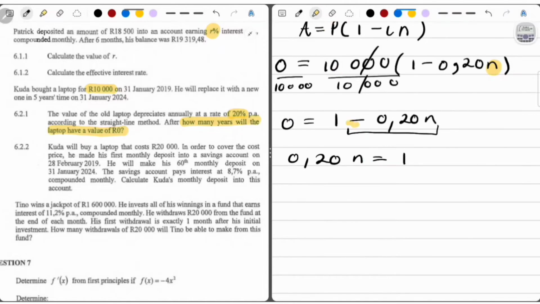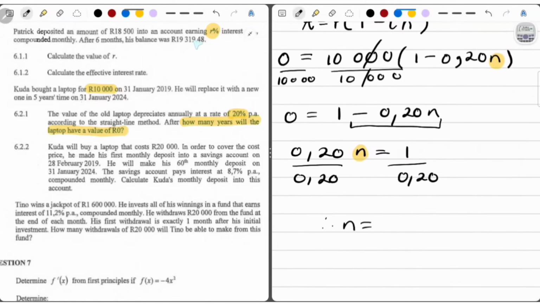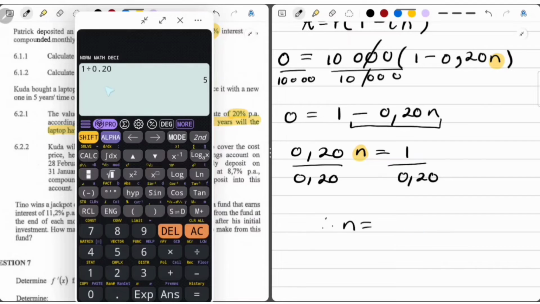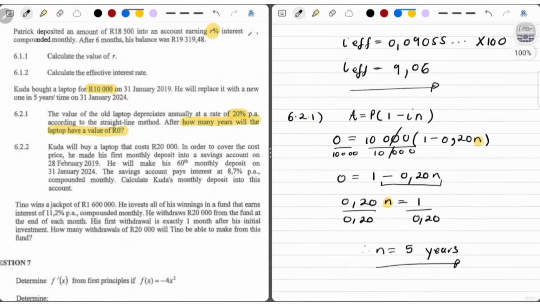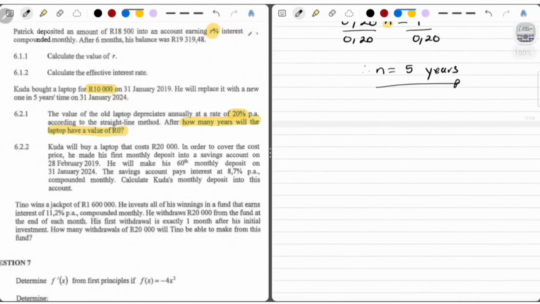Then I need to solve for N. So to solve for N, I'm just going to divide both sides by 0.20. And so N is finally equal to whatever 1 divided by 0.20 is. And 1 divided by 0.20 is just 5. So how many years is it going to take to become nothing? 5 years. Okay, so that is that question.